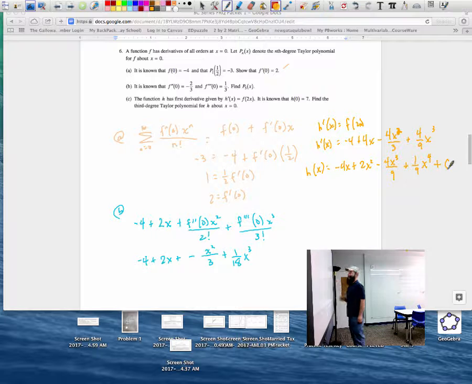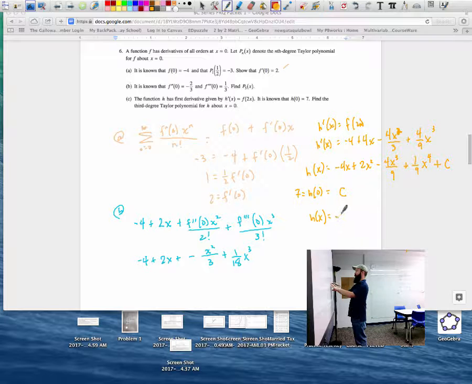Plus c. Now, that plus c is important because we know that h of 0 is 7. So when I do h of 0, which is 7, all these terms are going to go away and leave you with c. So the c is 7, and it was asking you for the third degree Taylor polynomial. So I only want to take this thing up to the third degree.